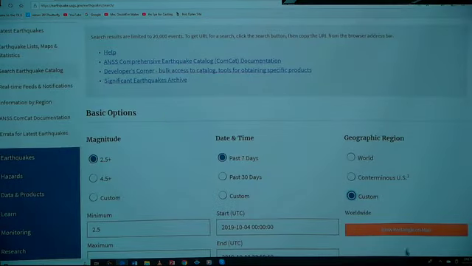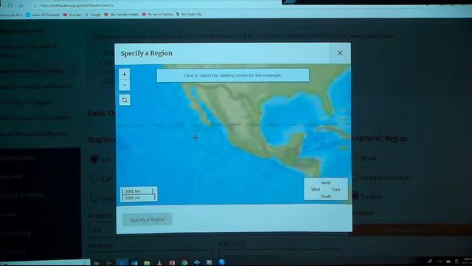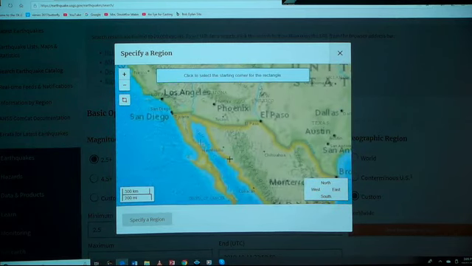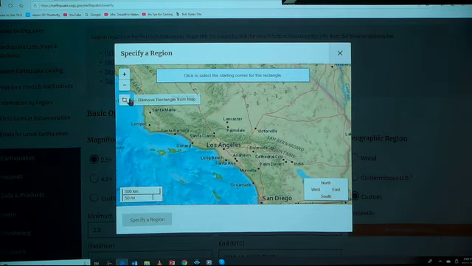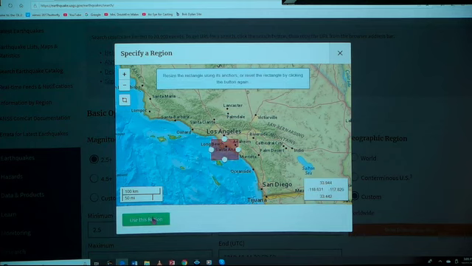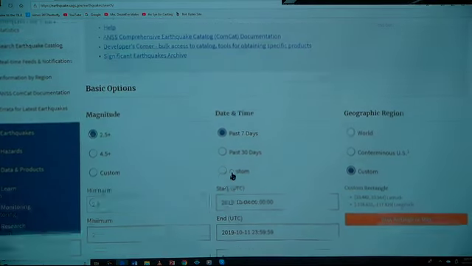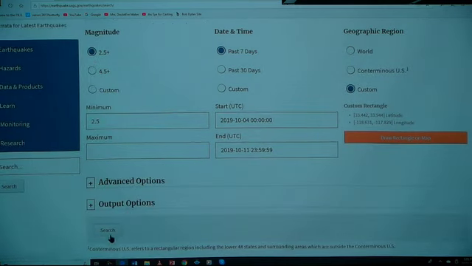Oh gosh, I can't tell you how many times I've done something like that. Okay, so here we are zooming in on Los Angeles. Then we make a box around it like that. And then we say use this region. And then we say past 7 days, anything that's greater than 2.5, let's search.